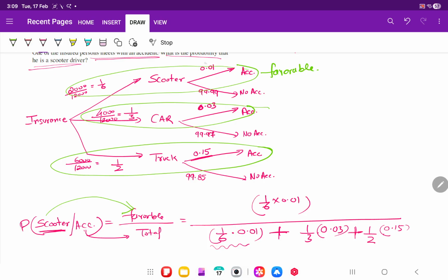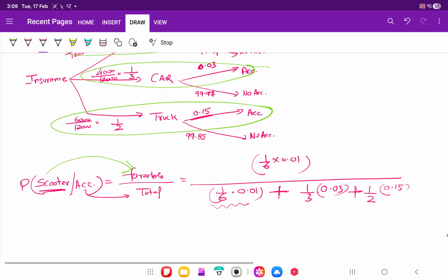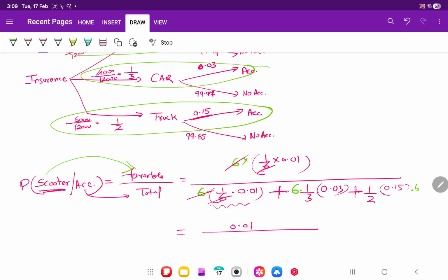Okay, let's try to simplify it. So I think let me just multiply each term by 6, to make it simple. So here this 6 cancels, so it is 0.01, plus 3 twos are 6, and this is 0.06, plus this is 3 fifteens, and this is 0.45.